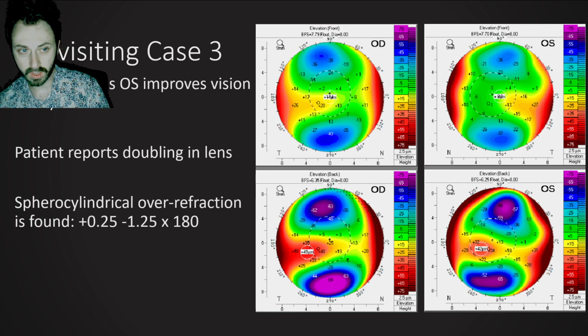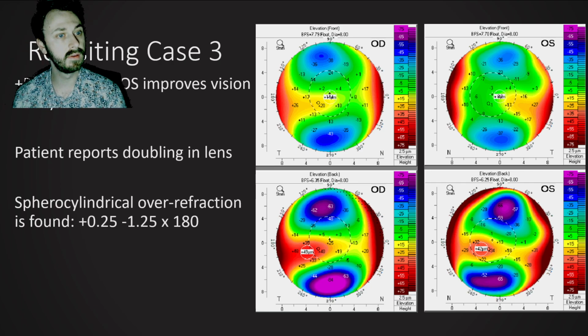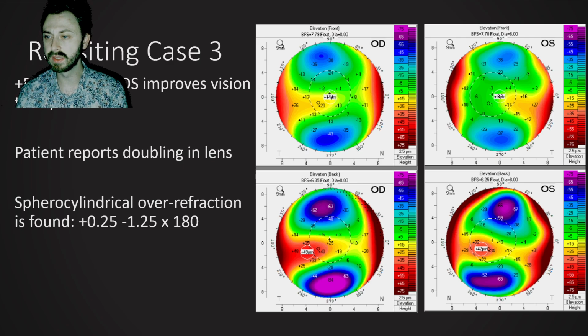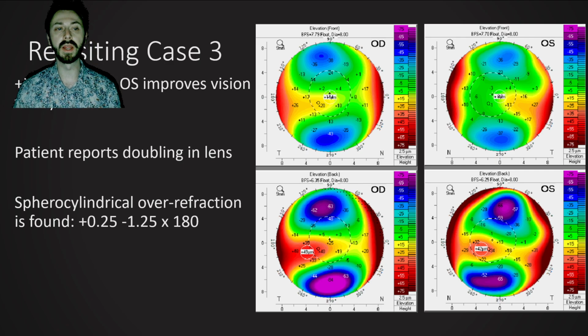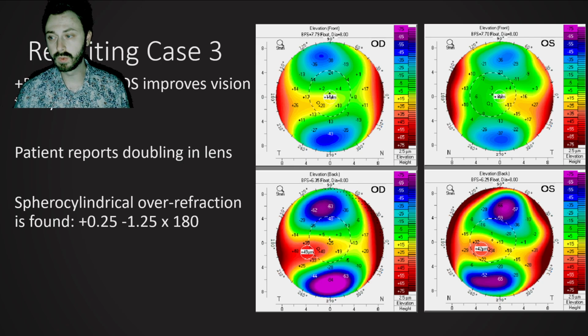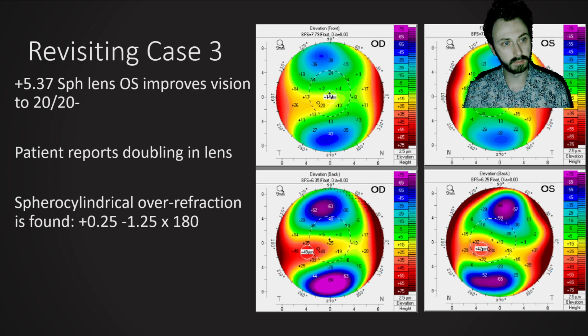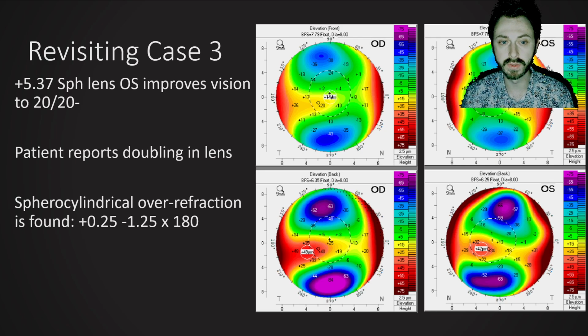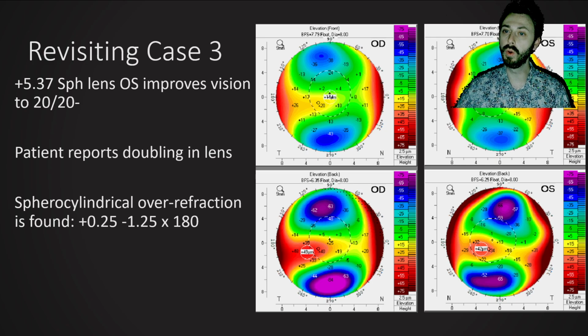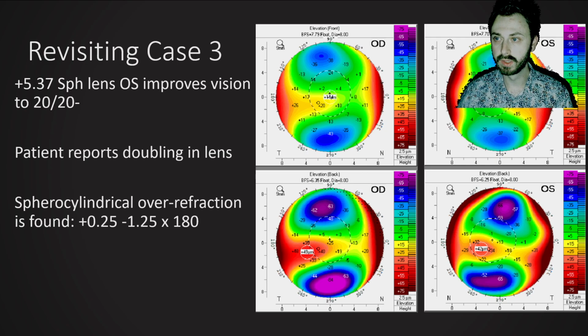We performed an over-refraction and found a lot more plus. There's a chance that he was over-minused in his first lens. I don't buy that all of this plus was necessary to get him to 20/20, but I think a lot of it kind of magnified things and reduced doubling by having more overlap between the two sets of images.